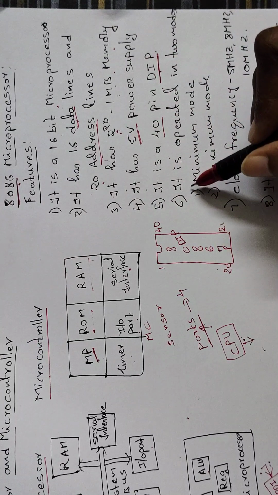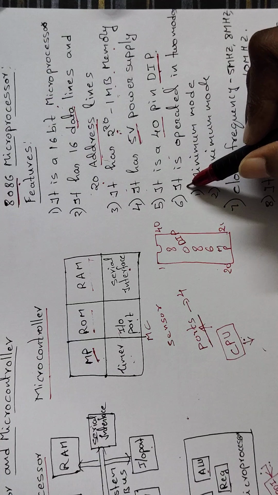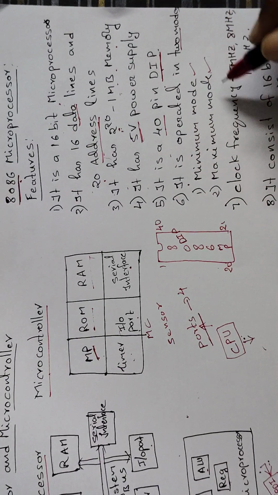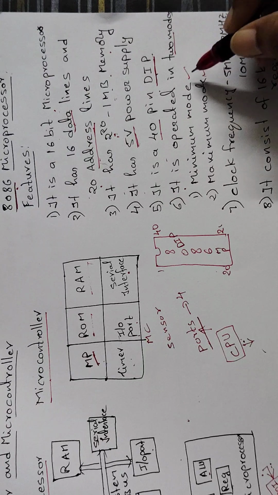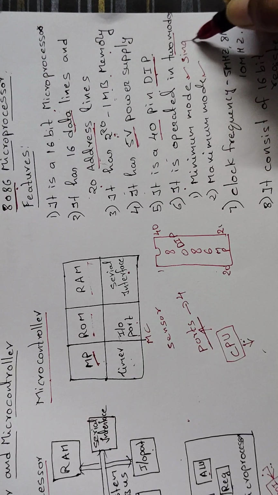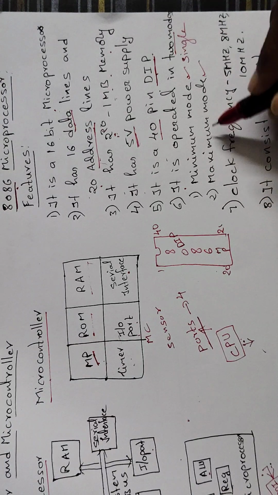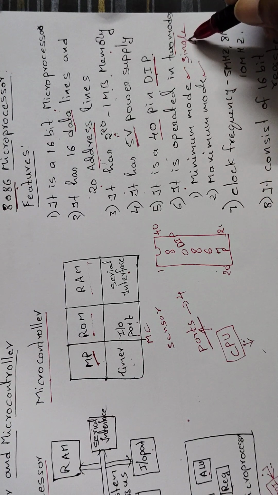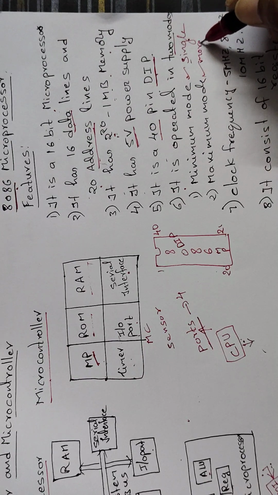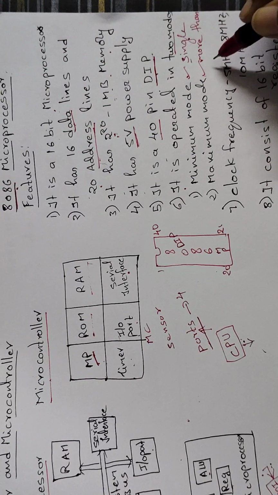Now the next point is that it operates in two different modes, minimum mode and maximum mode. Minimum mode uses only a single processor, whereas maximum mode has more than one processor.